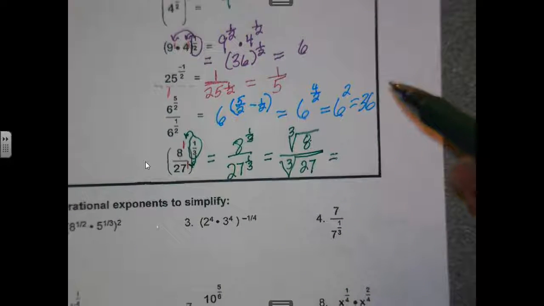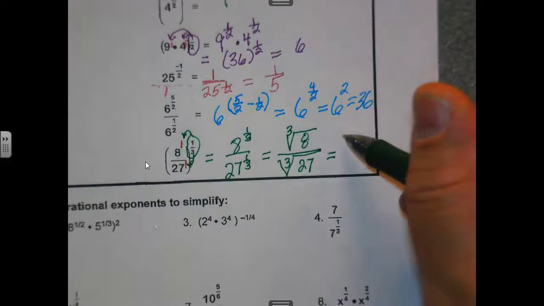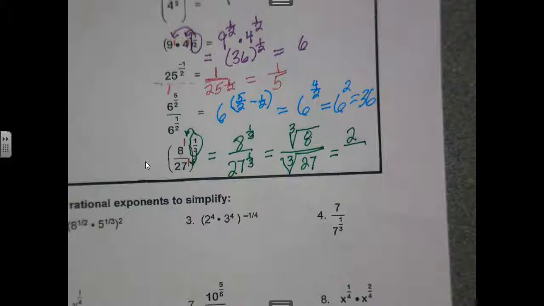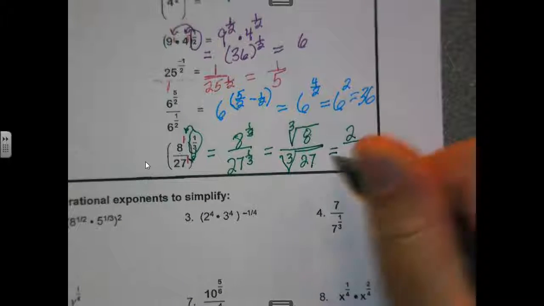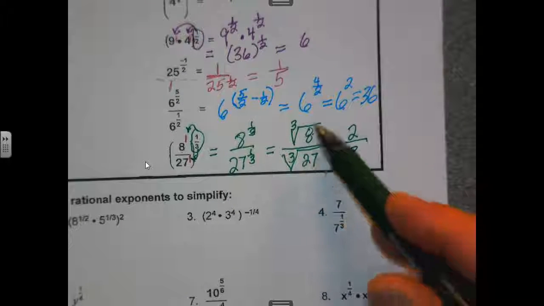Perfect cube of 8, a number that multiplies itself 3 times to get 8. You can do it. I know you can. How about 2? 2 times 2 is 4 times 2 is 8. How about 27? 3. 3 times 3 is 9, times 3 is 27. We're going to get to that next section, so radical form.